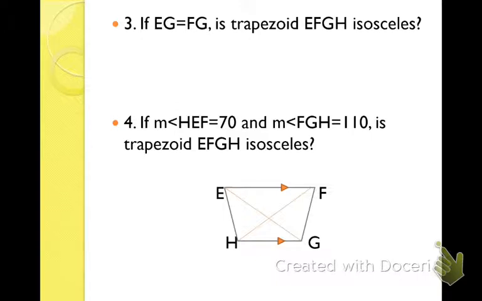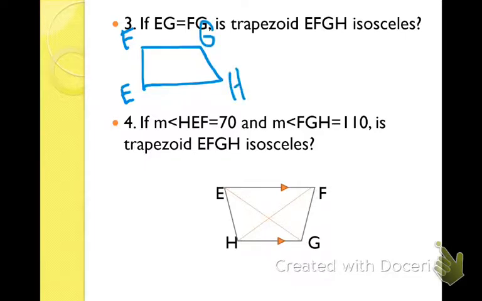Well, we just start by sketching one. Let's sketch it this way. We've got E, F, G, H. So EG is equal to FG.